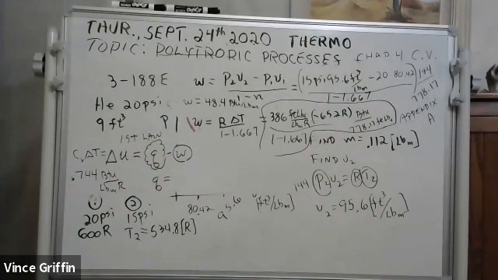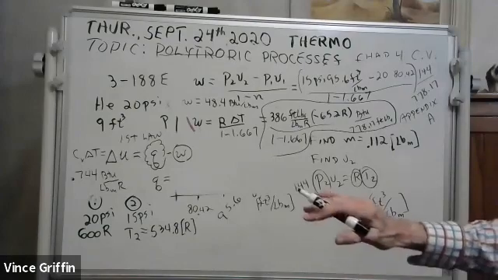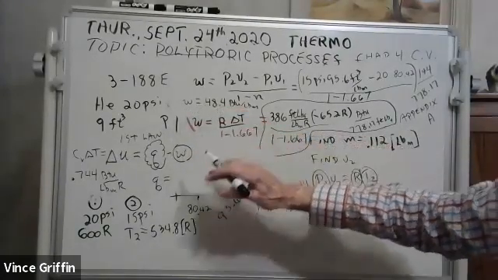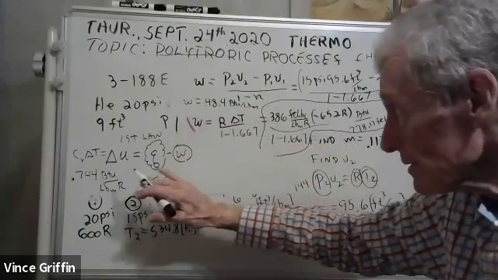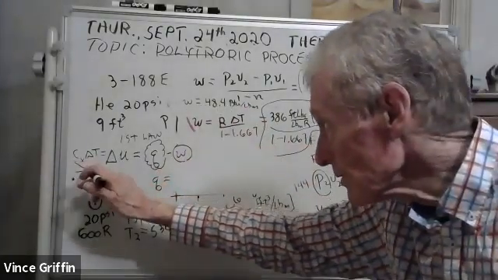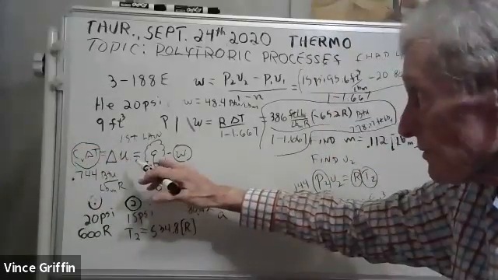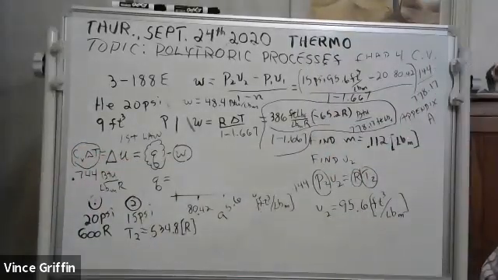So multiply. In the work, we got that. The work is right here. It's 48.4 BTUs per pound mass. So we know all of this. You can solve for the heat transfer per mass.